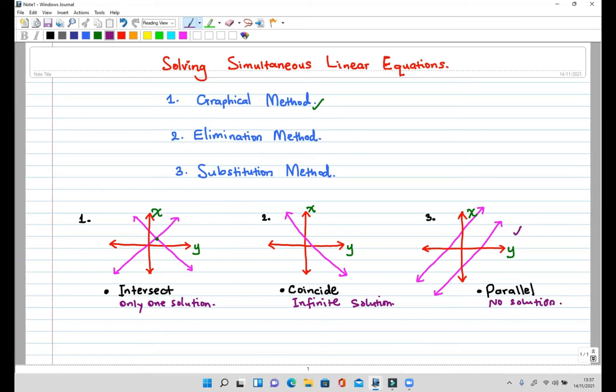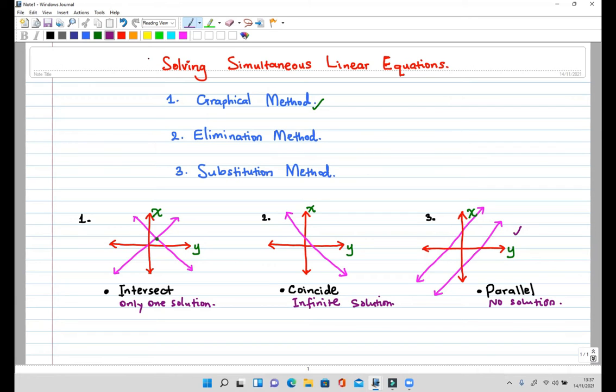And in the last video, we also saw how we can look at a pair of linear equations and know whether they will intersect after graphing, whether they will coincide after graphing, and whether the lines will become parallel. We looked at that in the last lesson.